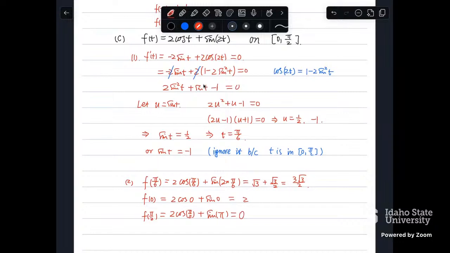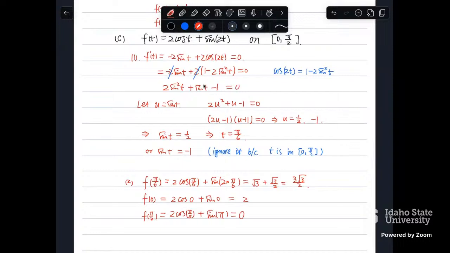Okay. So now which one is the maximum value? Which one is the minimum value?